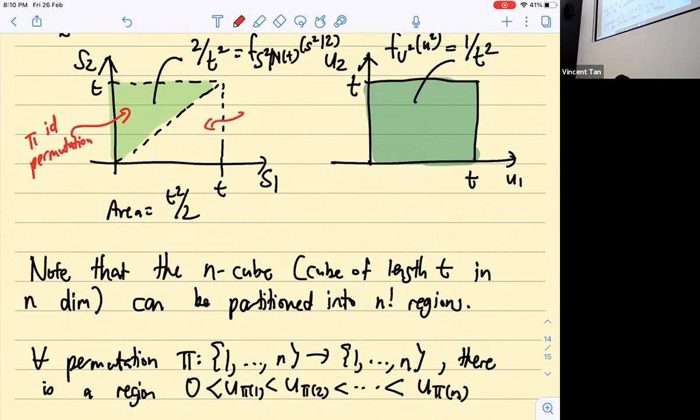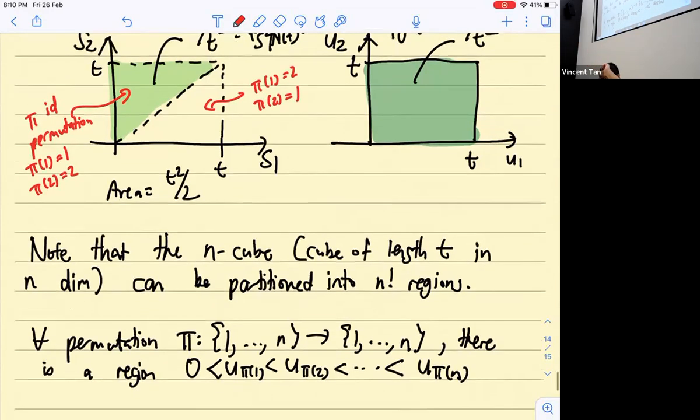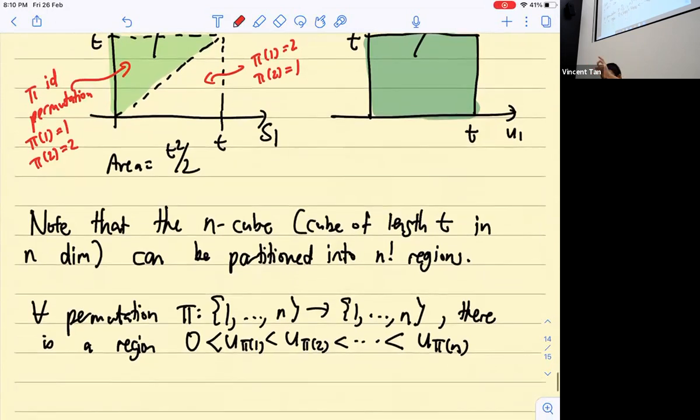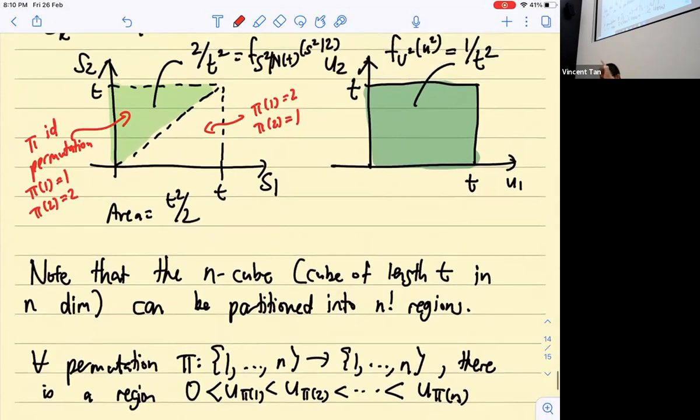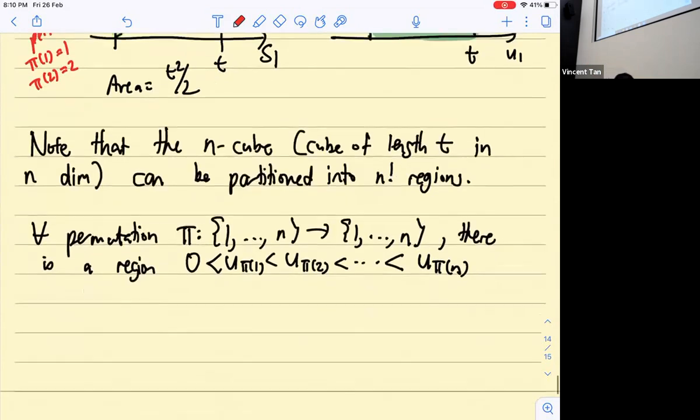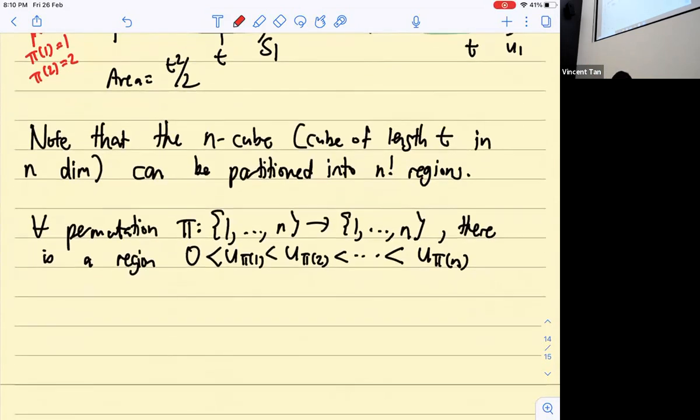Then this is the anti-identity permutation. So pi(1) is equal to 1, pi(2) is equal to 2. Here, pi(1) is equal to 2, pi(2) is equal to 1. We are flipping. So we are only interested in the identity permutation for the arrival epoch process conditioned on N_t equals n. Understand?